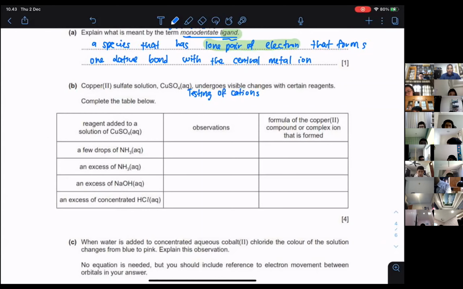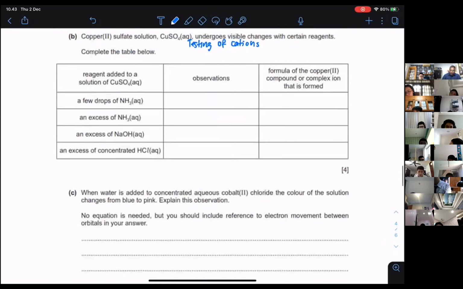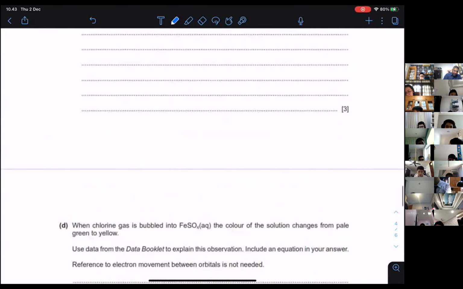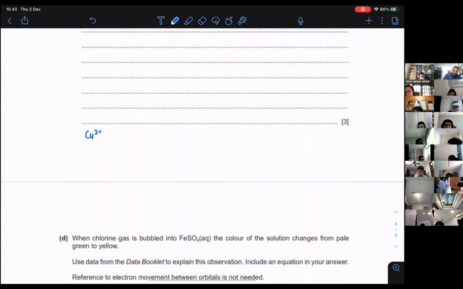In this case you are testing the copper 2 plus ion. You can test it using sodium hydroxide, and you can test it using ammonia solution. Normally when you do the testing, we add drop by drop, then after that we add until excess.